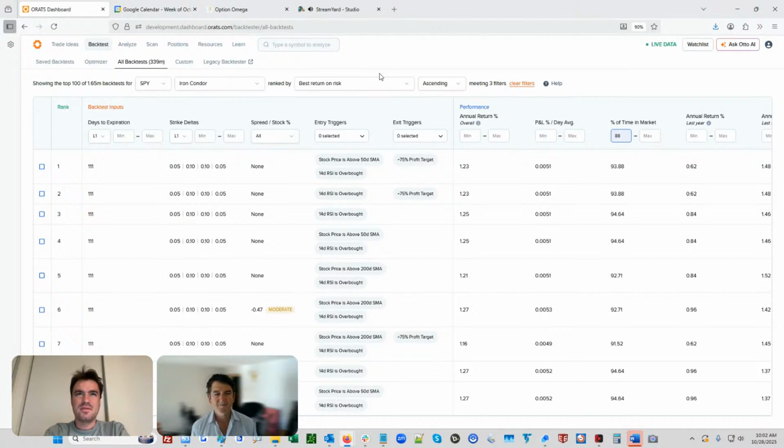Yeah, the concept of the backtest finder is so interesting to me. When I was first getting into options many years ago, there was nothing like this in this space. So this is very unique to ORATS and very unique in the industry.